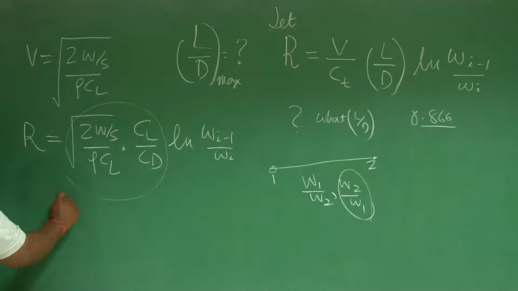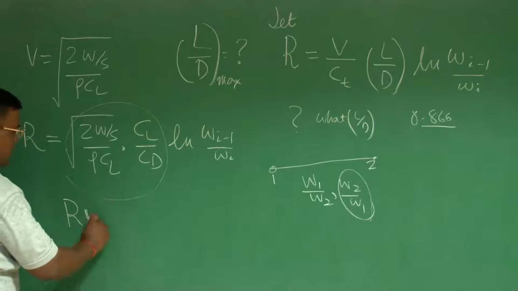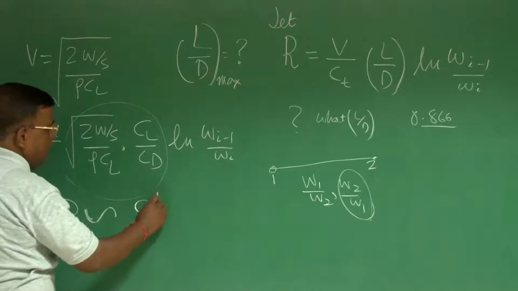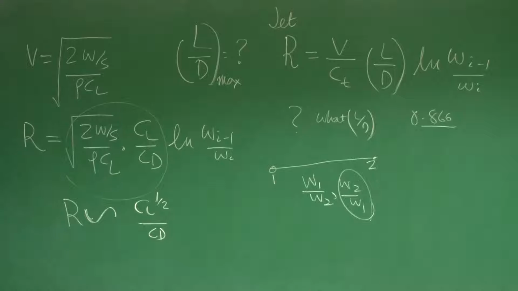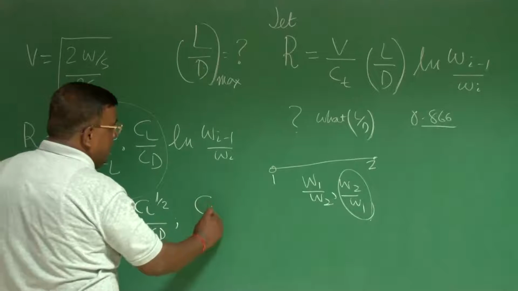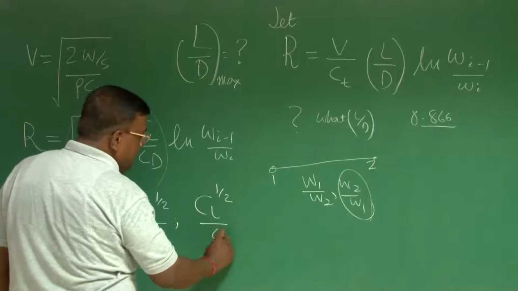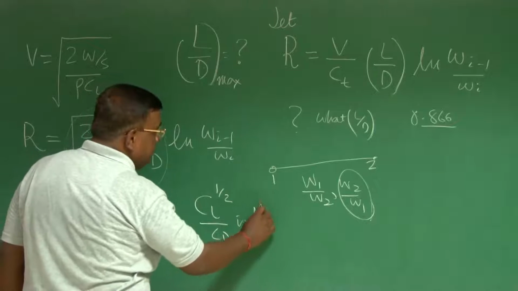Now see here, you could easily see the range is proportional to CL to the power half by CD. So keeping everything constant, if I want to maximize range for a jet-driven airplane, it tells me I have to fly such that CL to the power half by CD is maximum.